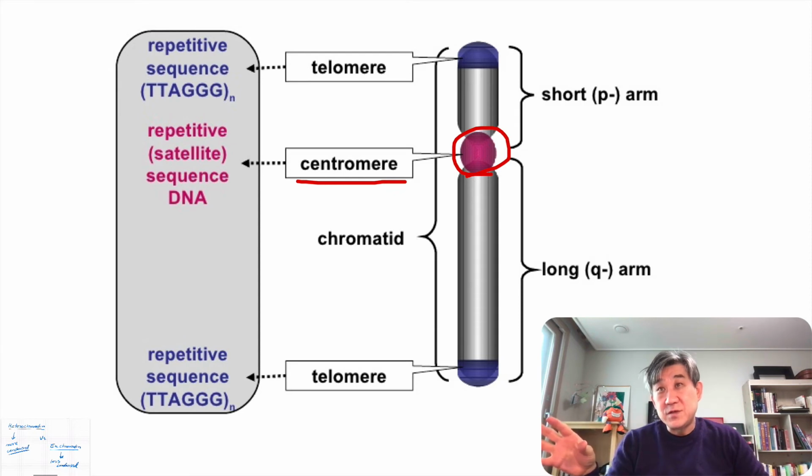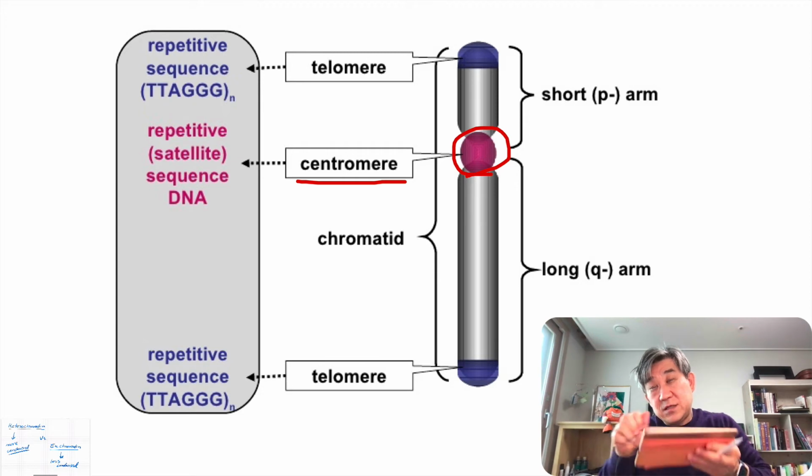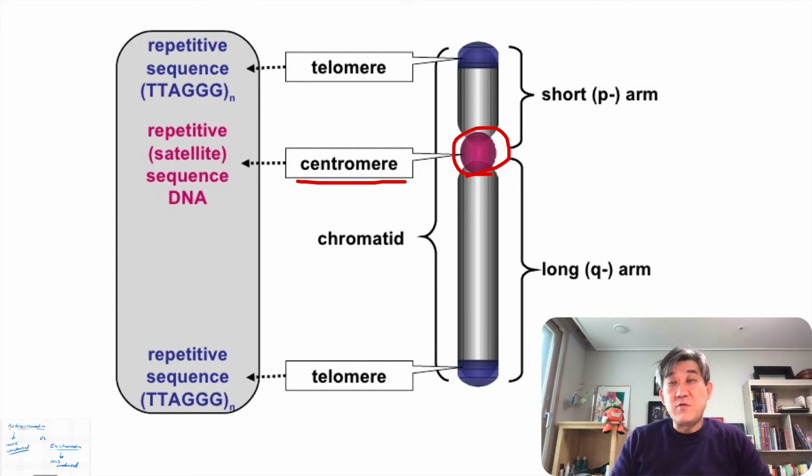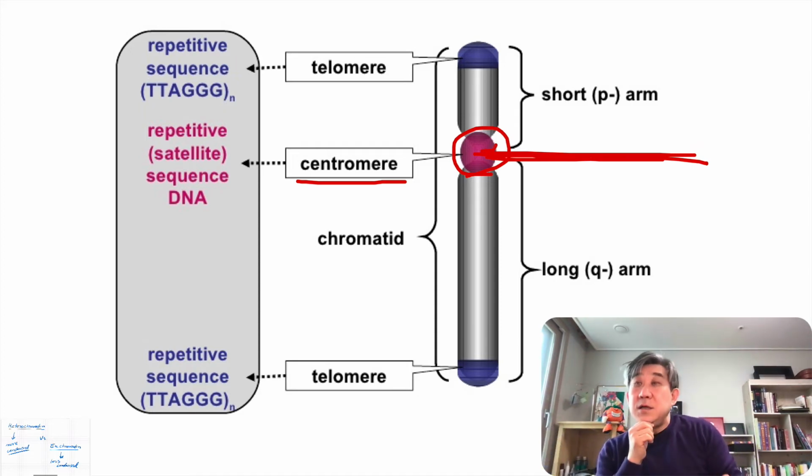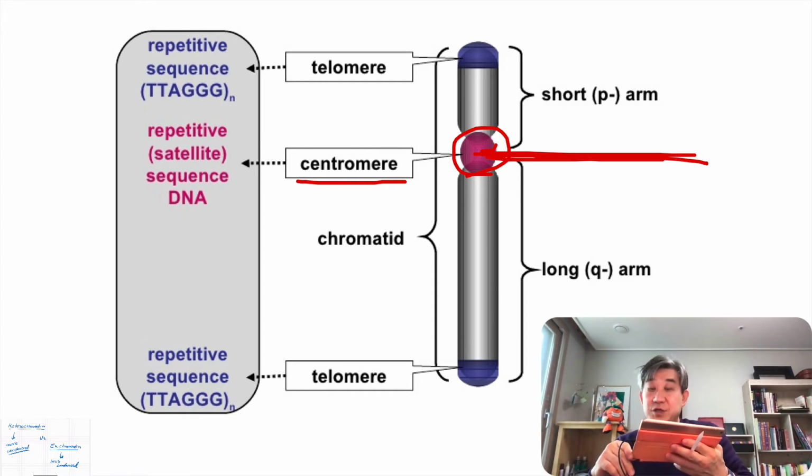We have seen this microtubule, one of the cytoskeleton proteins, needs to be attached in a certain area of a centromere and then pull this chromosome, and that's how this particular chromosome is being dragged into a specific direction.